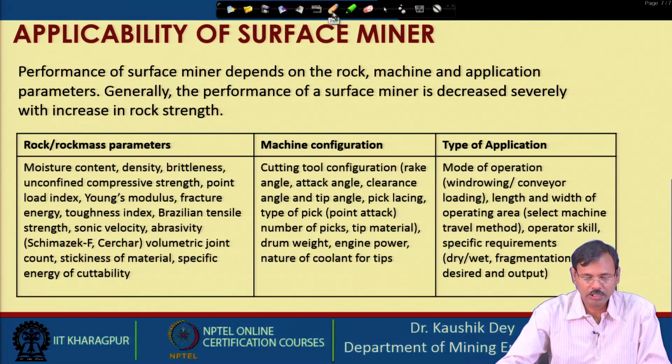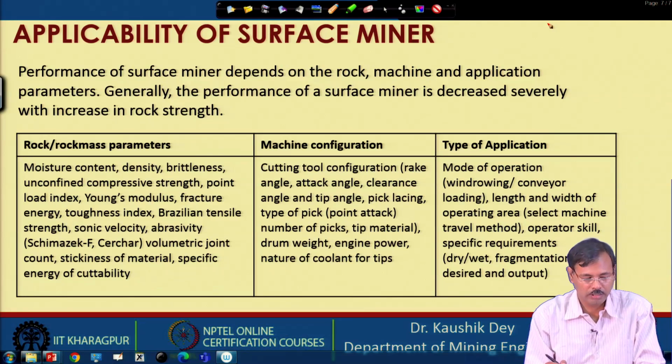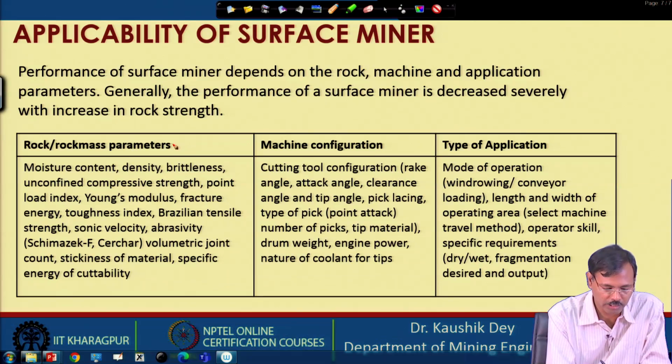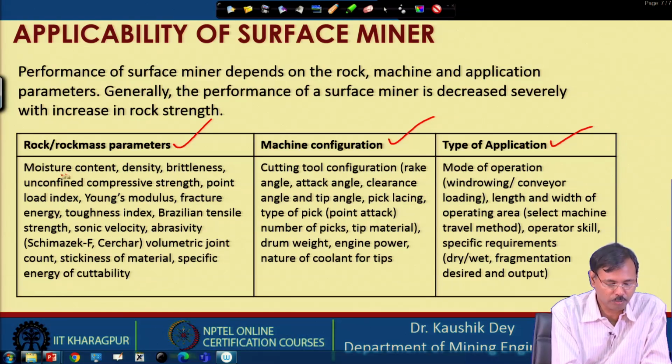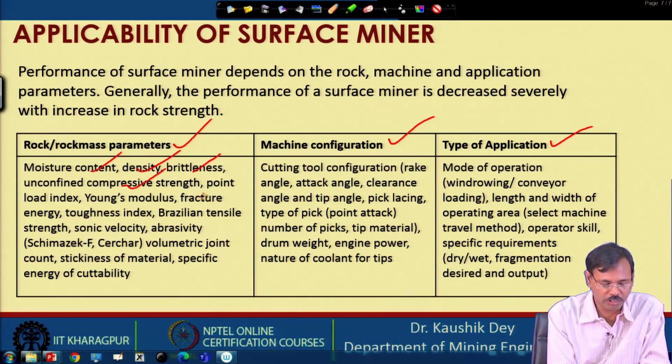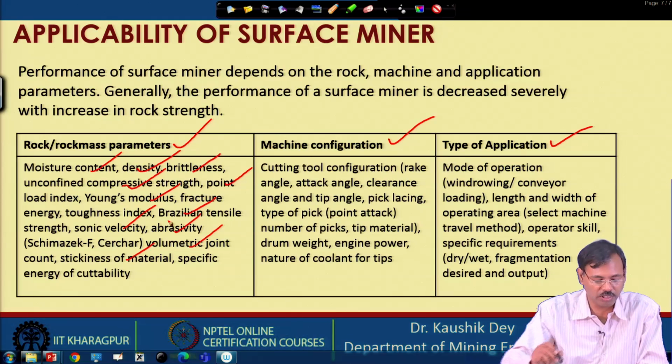So, surface miner applicability can be dictated by the rock parameters, machine configuration and type of application. Among the rock parameters: moisture content, density, brittleness, compressive strength, point load, Young's modulus, tensile strength, abrasivity, sonic velocity, volumetric joint counts, and stickiness of the material.